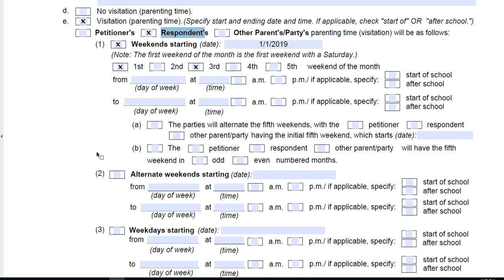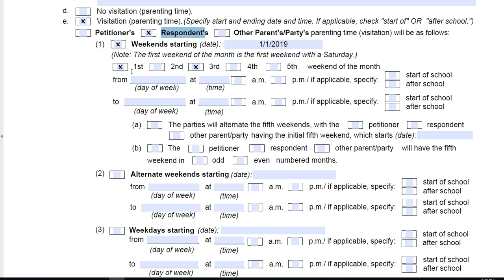Okay, so that may be acceptable, and it is definitely more clear if the order says first and third weekend rather than alternate, because alternate weekends, it's hard sometimes to remember whose weekend it was to start and whose weekend it should be, and if there are any changes for whatever reason, it's hard to get back on the right schedule sometimes, but you're guaranteed every other weekend is how it's going to work out.